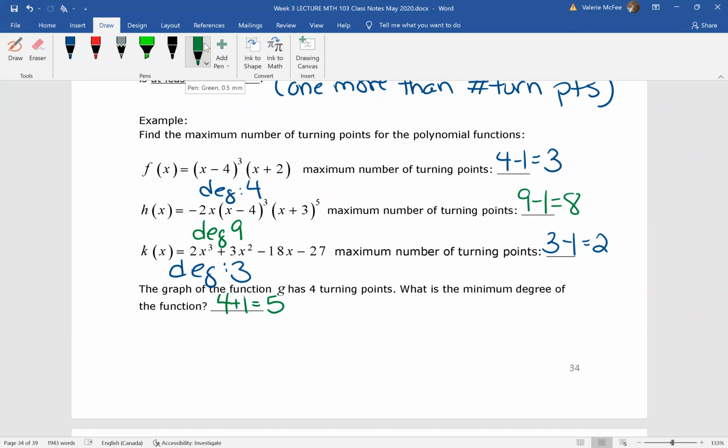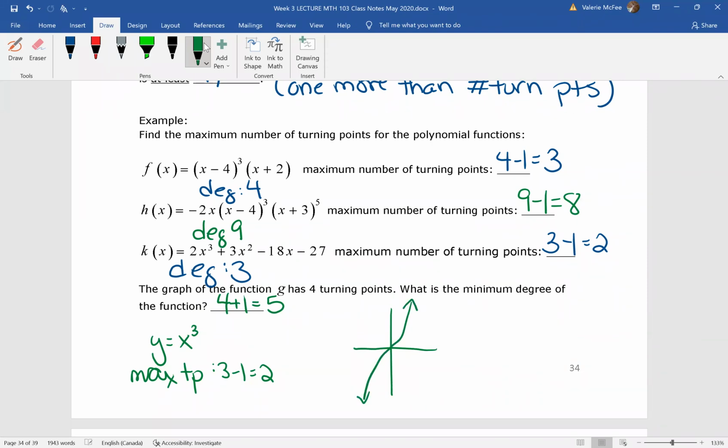Think about the graph of y equals x cubed. We know it has a maximum number of turning points of 3 minus 1, or 2. But this graph doesn't turn 2 times. In fact, it never changes direction. So the maximum turning points isn't how many times it will change. It's just the maximum it could change.